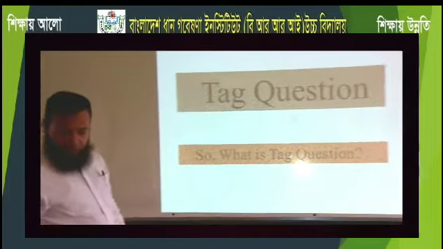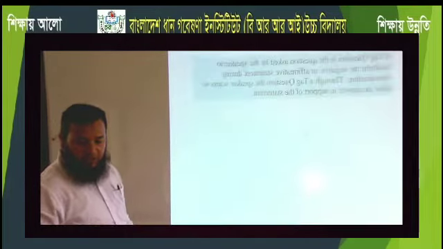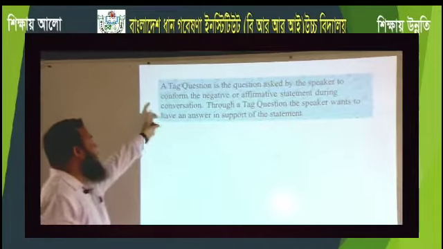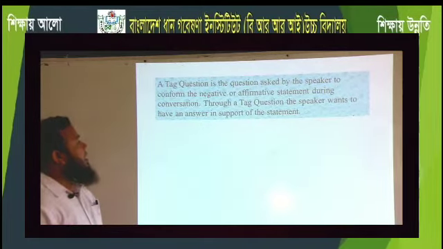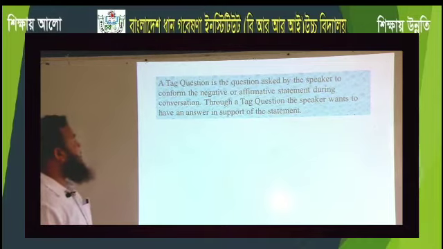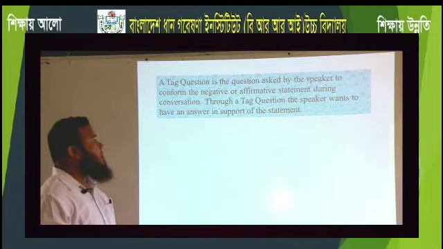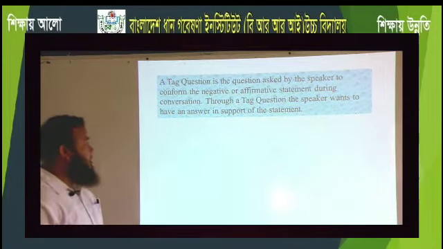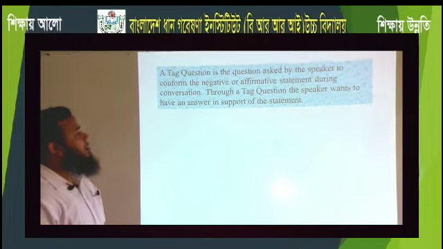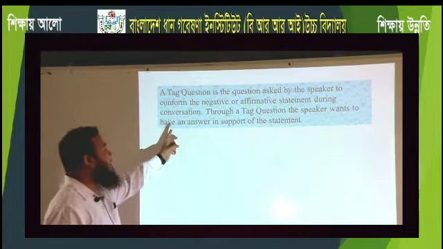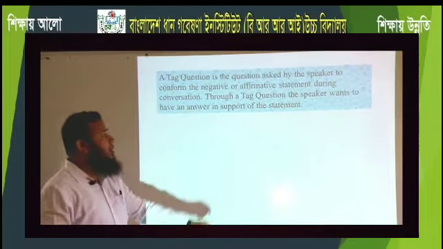So, what is tag question? At the very beginning, we need to know the definition of tag question. A tag question is the question asked by the speaker to confirm the negative or affirmative statement during conversation. Through a tag question, the speaker wants to have an answer in support of the statement.